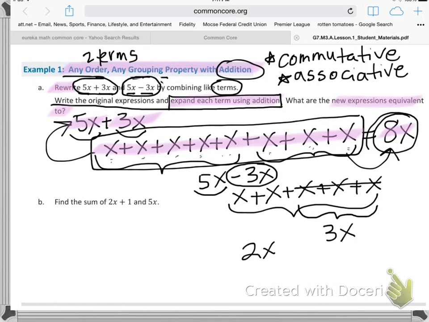So if we combine like terms here, combining a 5x with a negative 3x, we end up with 2 x's.